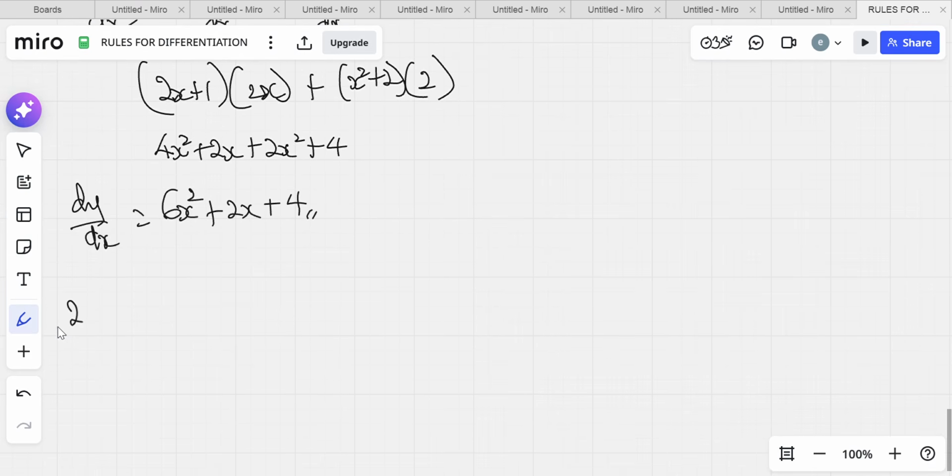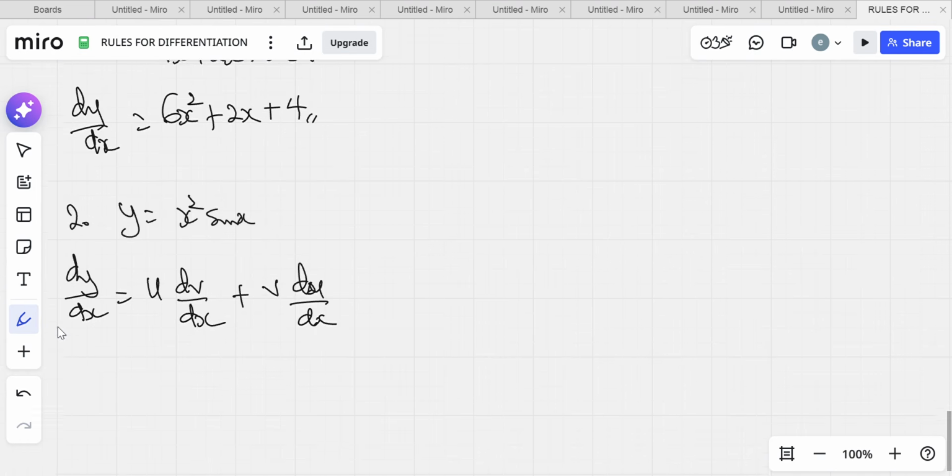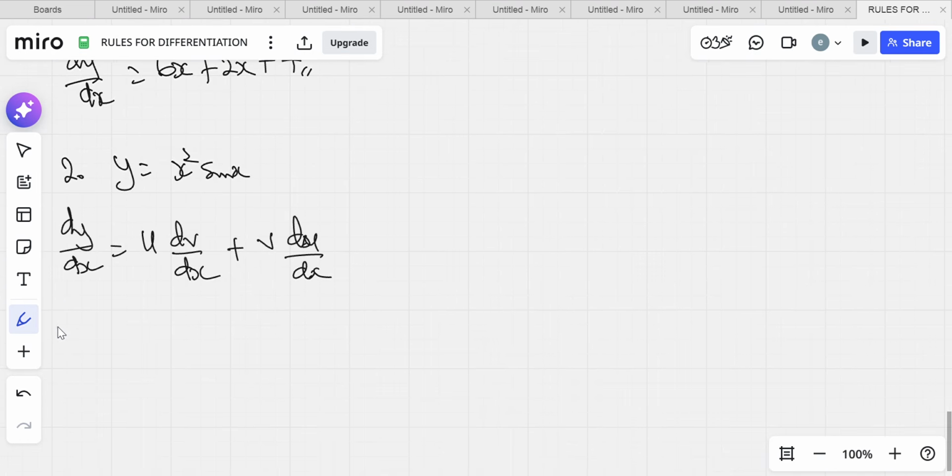In the next one, y is equal to x squared sine x, so that dy over dx is equal to u dv over dx plus v du over dx. So which one will be our u?